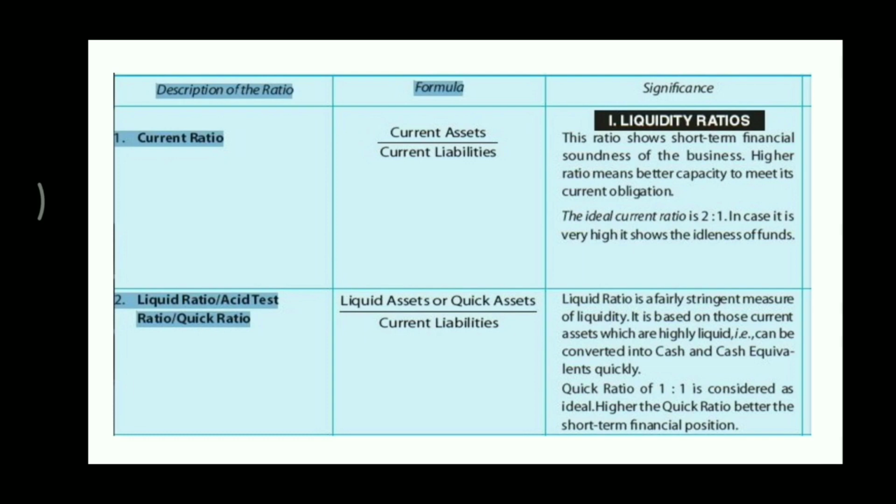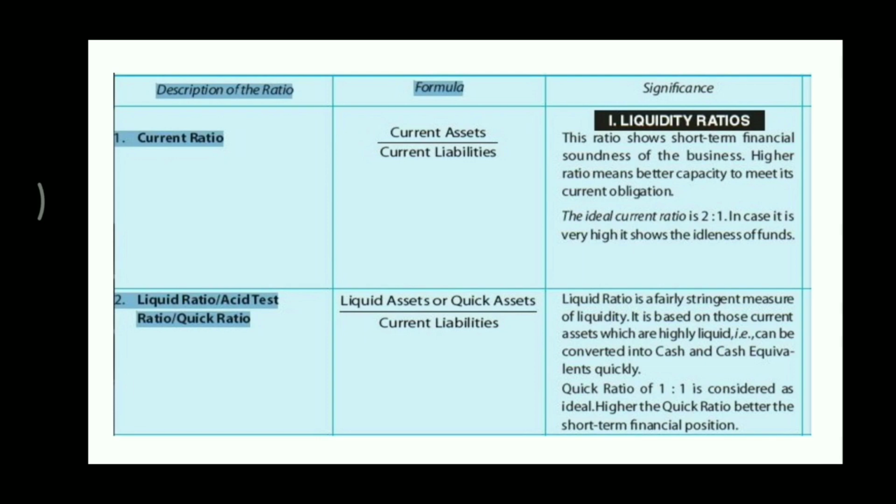Then next is a liquid ratio. So liquid ratio, it is also used to measure the short-term financial soundness, but it is a very stringent measure of liquidity, because whatever assets we are including in liquid assets or liquid ratio, they are highly liquid in nature.